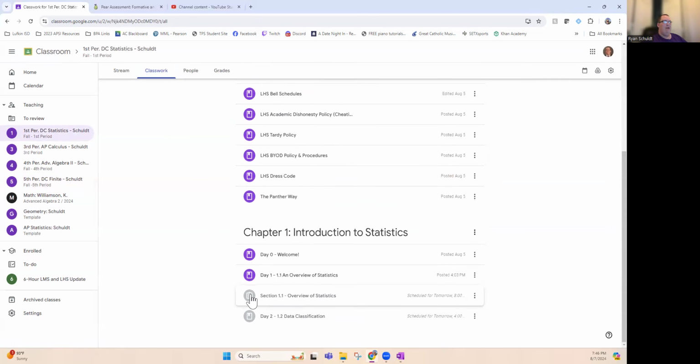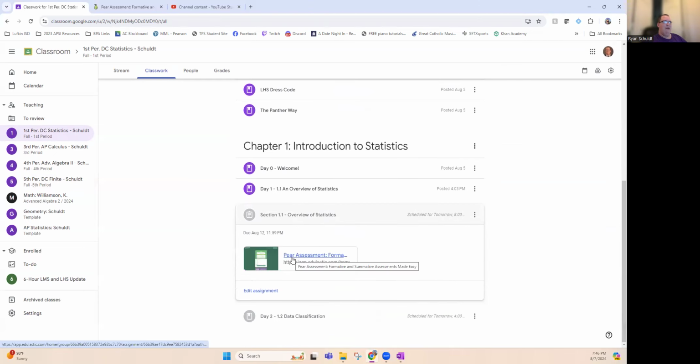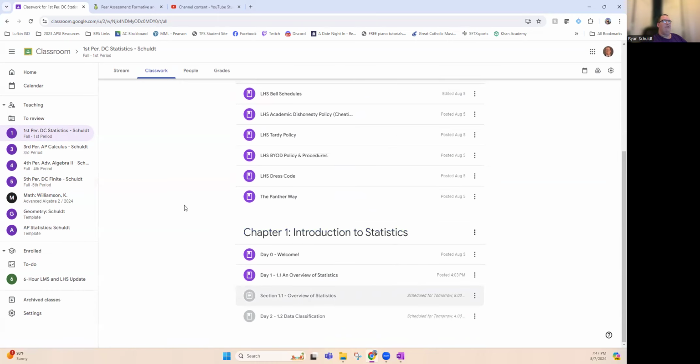It'll have a little homework symbol, and yours would say Section 0.1, the real numbers. Click it, then click the link that says peer assessment, and log in with your Google School login. It'll ask you to accept some permissions. You'll have to accept those, and then it'll take you into the assignment. But to do all of that, you have to be in Google Classroom, so make sure you get that done if you haven't already.